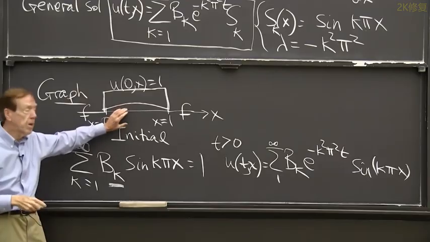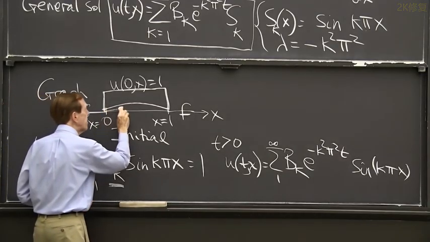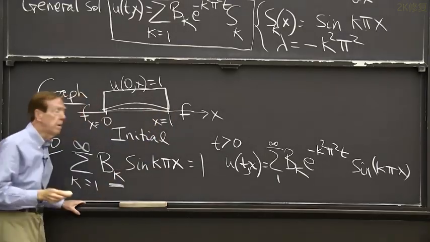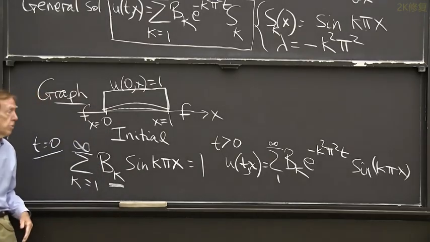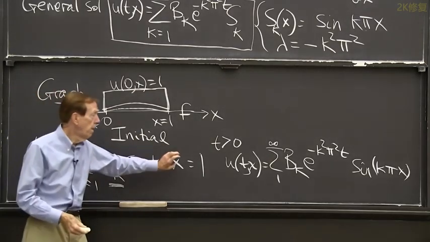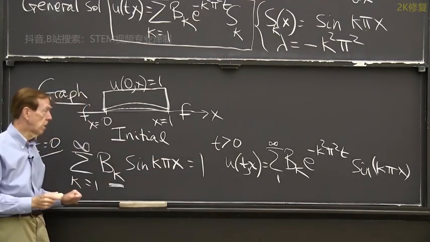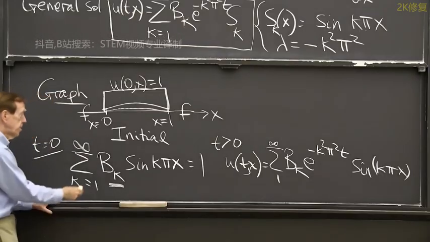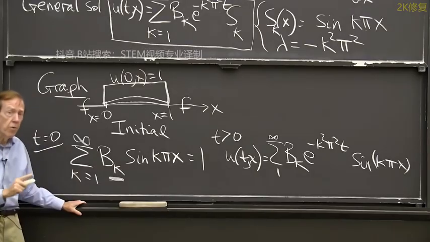It'll be way down at the ends, pretty low in the middle. And so at some time t, the temperature will look like that. And then soon after that, the temperature will go down to here. And the steady state, of course, is the whole thing is at temperature 0. So that's what solutions to the heat equation look like.